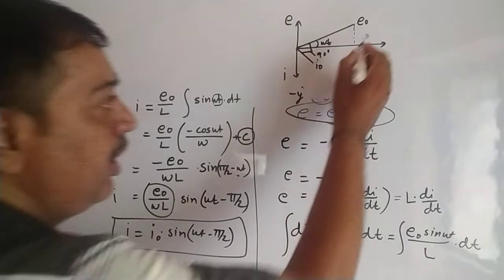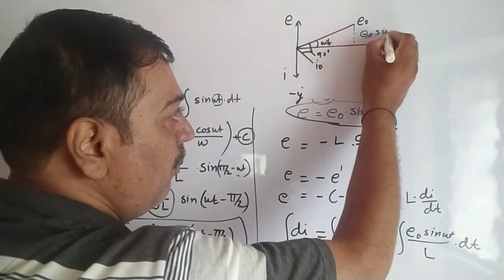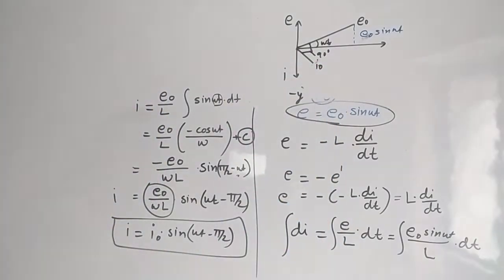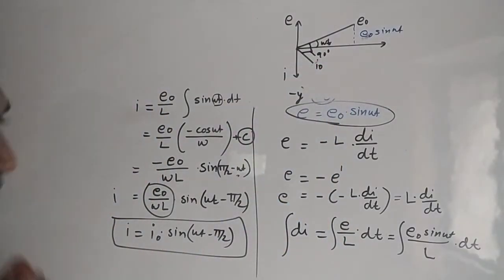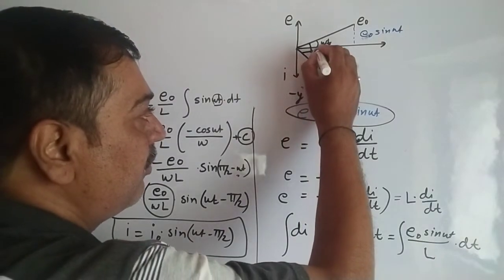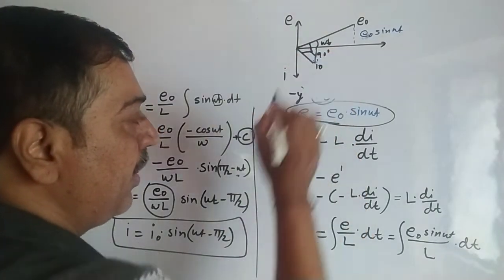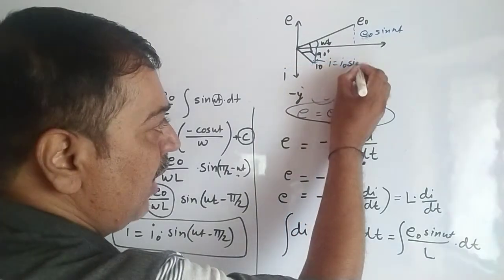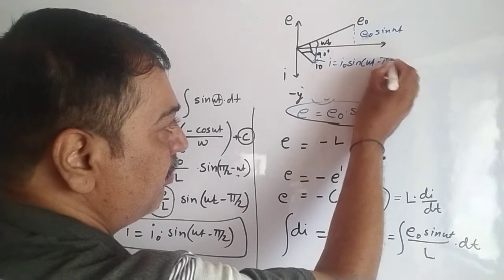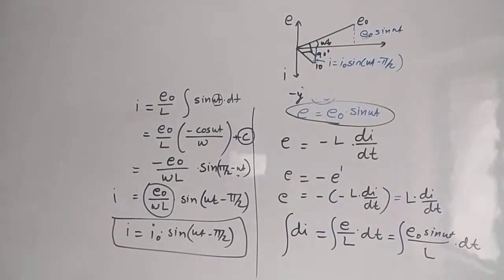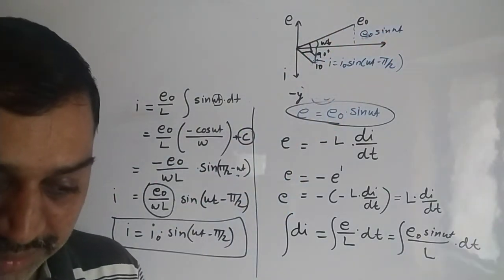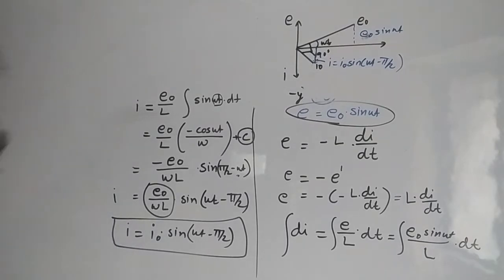If we draw the perpendicular from this I on the same axis, this gives I equal to I0 sine of omega t minus pi by 2. So this phasor diagram represents that I0 and E0 are separated by 90 degrees. The same thing is shown in your book, figure 13.8.